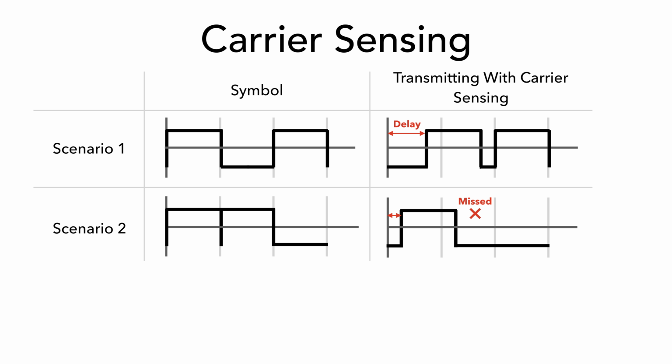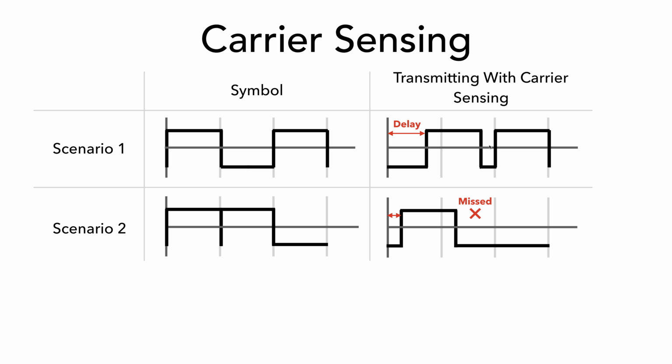Let me show you an example of why this is a problem. Let's say in scenario 1 we have a symbol, a 1, a -1, and a 1, and we want to transmit this out. The timing matters here. What happens if that first part of the symbol gets delayed? We want to transmit at this time, but it gets delayed a certain amount of time, shown here by this red delay bar.